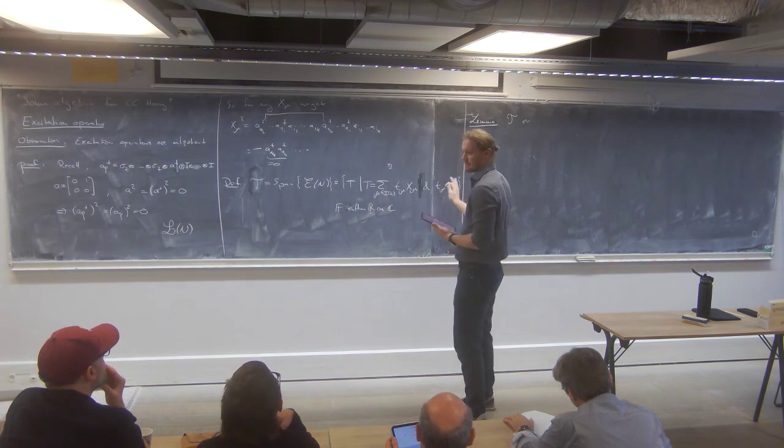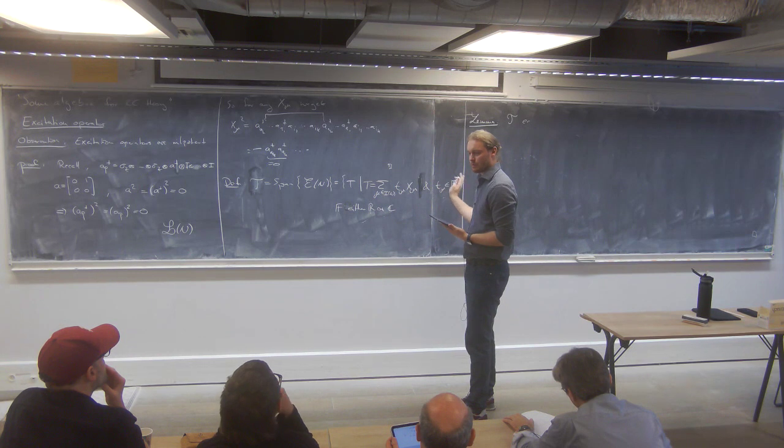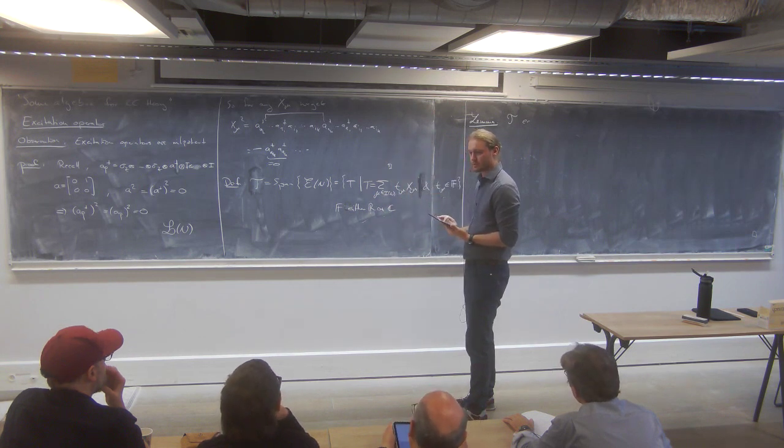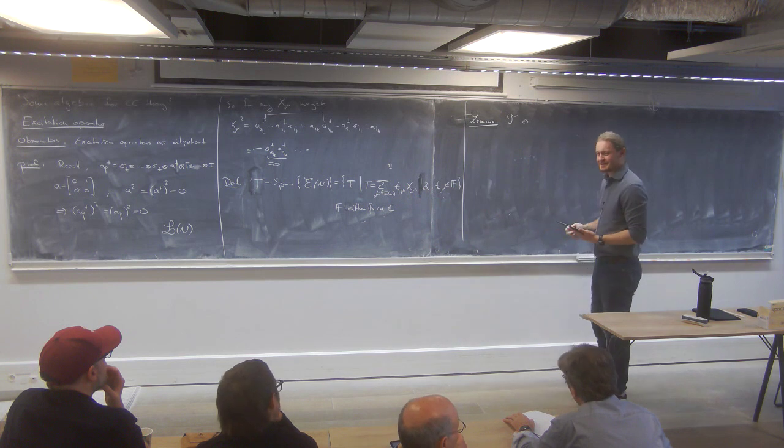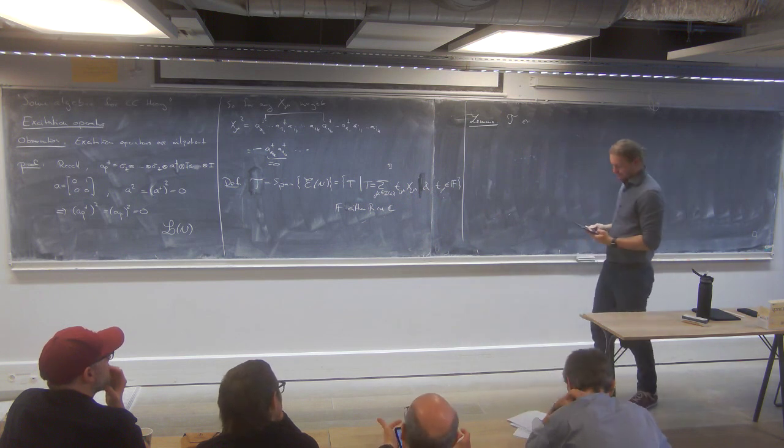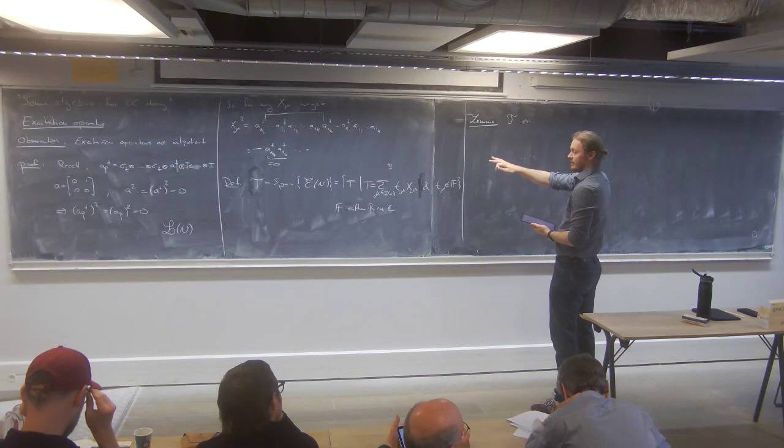Everything is finite in my case. If you push this to infinite dimensions, then you have to make sure that this converges. But I hold on to the complete basis set limit. So there exists a number that might be large, but it's still finite. Yeah, I live in matrix land. Okay, so let's take T.